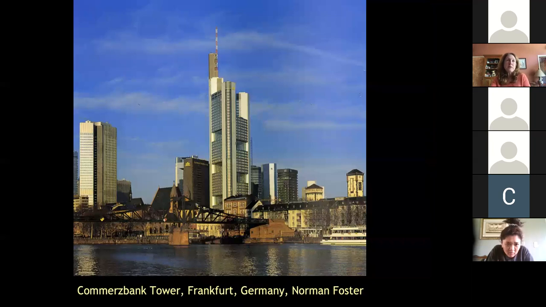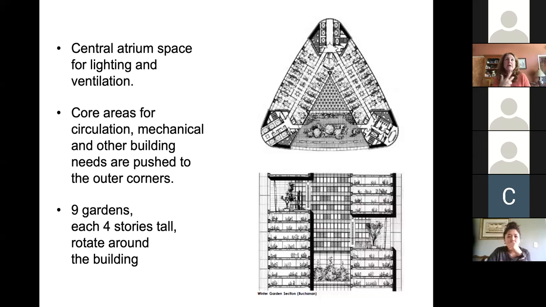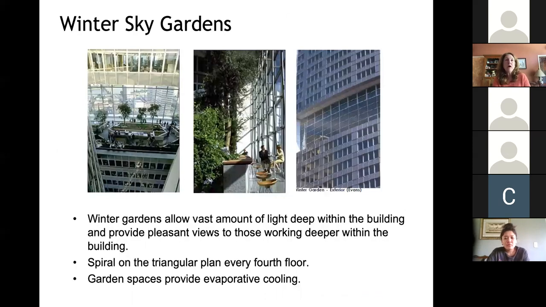And it's interesting, this building is really similar to the Commerce Bank building that was actually done 8 years prior to Torrey Cube, but there are a lot of similarities in form, where you've got this triangular plan, you've got this spiraling of openings that are each 4 stories tall, but they rotate around the building, and they provide a lot of light to all of the interior offices.